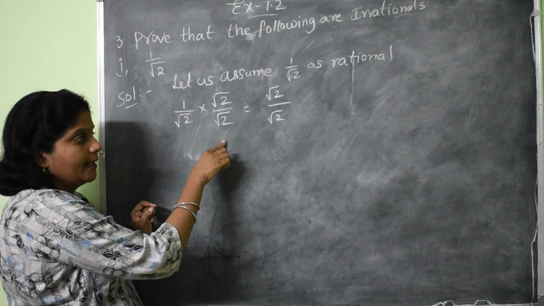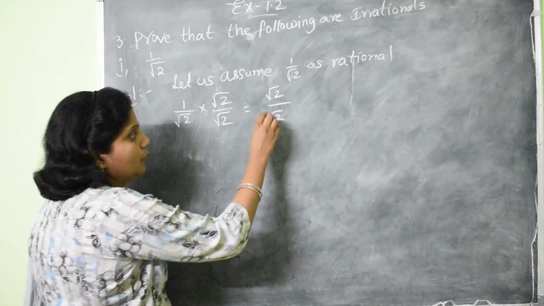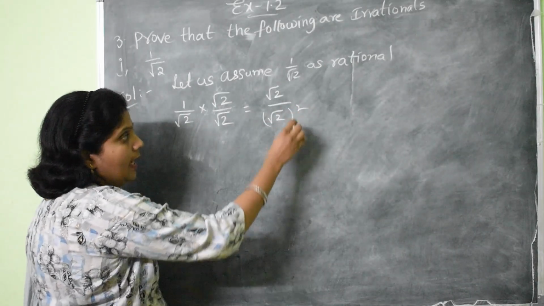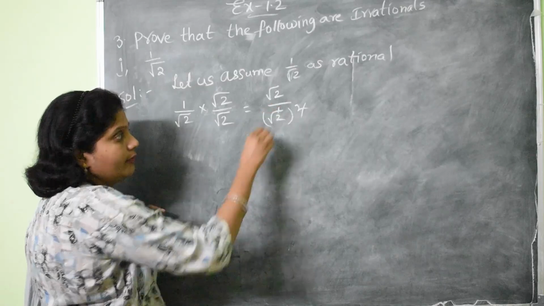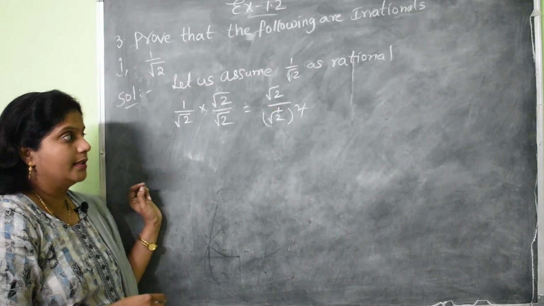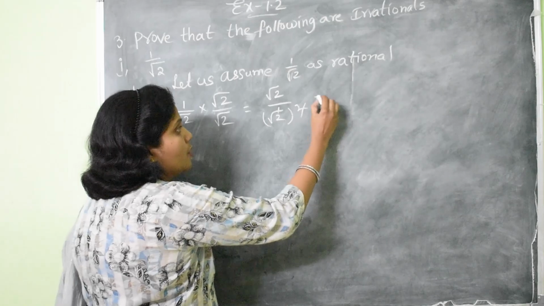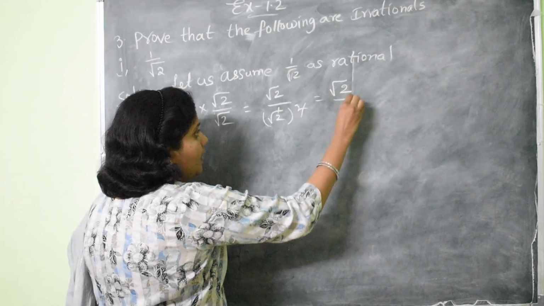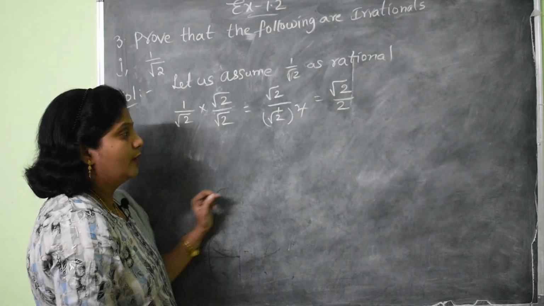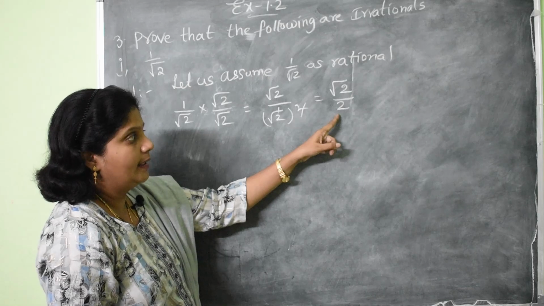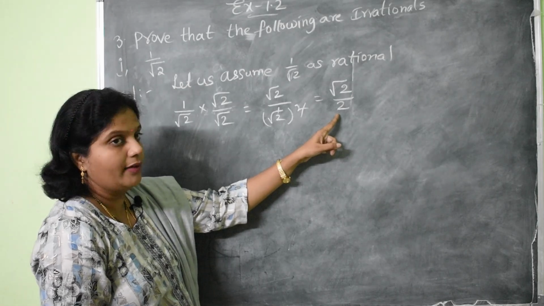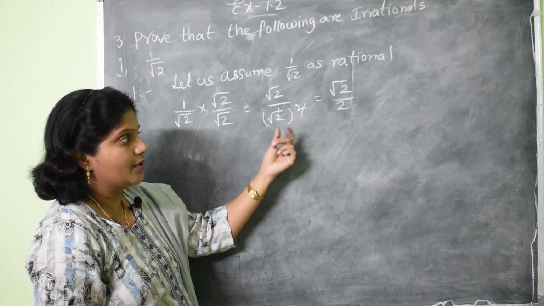How many root 2s are there? 2. Root 2 whole square. And square and root, what will happen? They will cancel each other. Square and root will always cancel each other. So, root 2 by 2. What we got here is, in the denominator, we don't have any root value. So, that is called rationalizing.